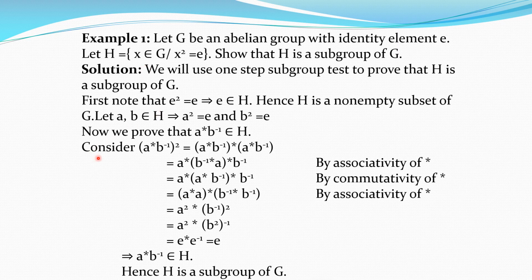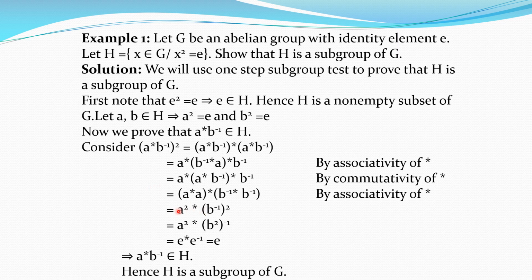So consider (A star B inverse) raised to 2. By definition of integral power, it is A star B inverse star A star B inverse. Now by using associativity of star, because G is a group, it is A star (B inverse star A) star B inverse. As G is an abelian group, star is commutative, so B inverse star A can be written as A star B inverse.